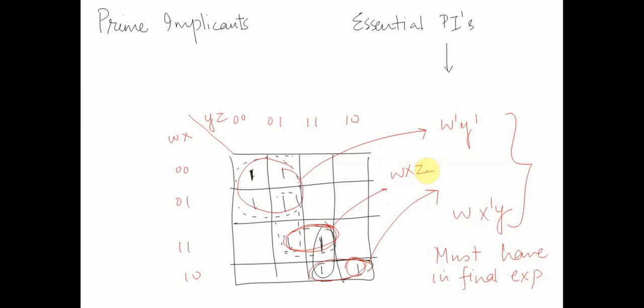Just to understand it correctly, let's have one more example. The example over here is again a four variable K-map, and let's assume the ones are here: 1, 1, 1, 1, 1, 1, 1.